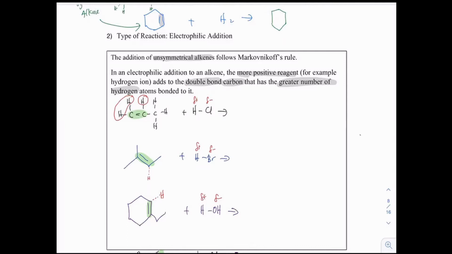Okay, that's it. So next, I need to identify which one is more positive. The H is more positive. So the more positive H will be added to the carbon that has more hydrogen. So the structure looks like that. I'm going to show the original structure first. So this is what you have, right?